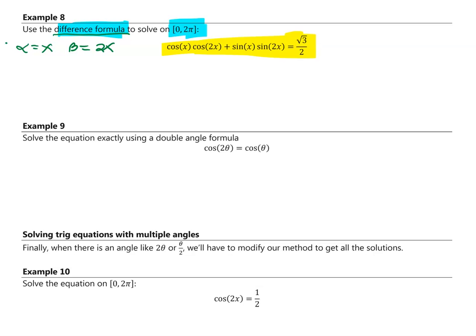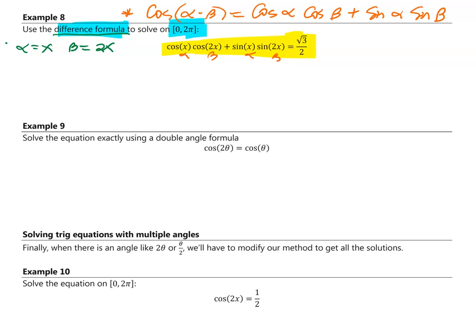And just to recall our difference formula, cosine alpha minus beta is equal to cosine alpha times cosine beta plus sine alpha sine beta. So here it is your alpha, beta, alpha, beta.